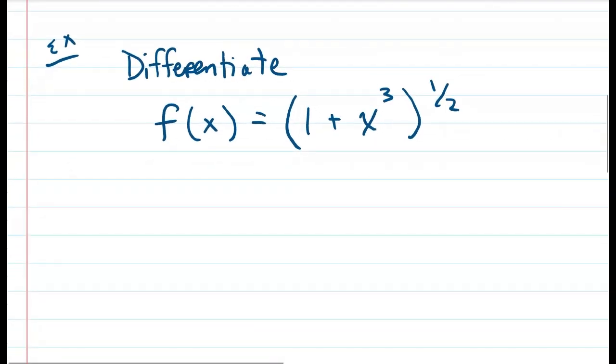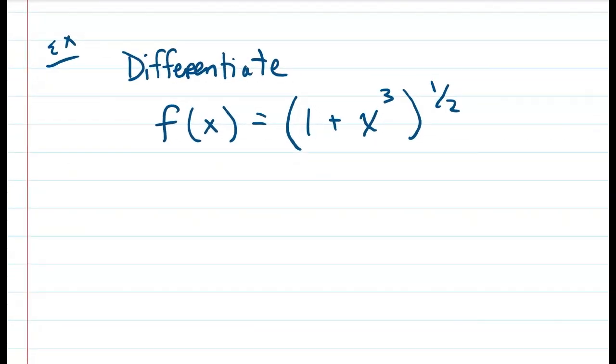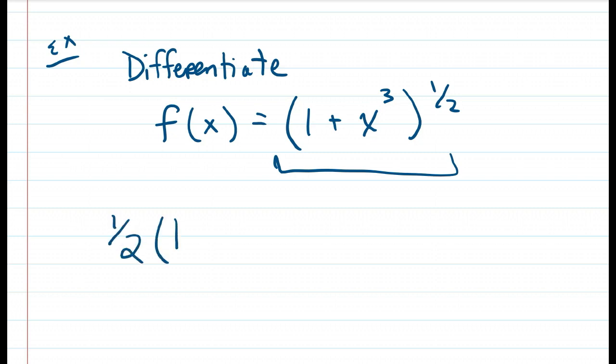So first, the chain rule says to take the derivative of the outer function, right? The outer function is that quantity raised to the 1/2 power. So I can apply the power rule right there and say it's 1/2 times 1 plus x to the third. And what does the power rule say? Remember, we subtract 1 from the exponent, so 1/2 minus 1 gives us a negative 1/2.